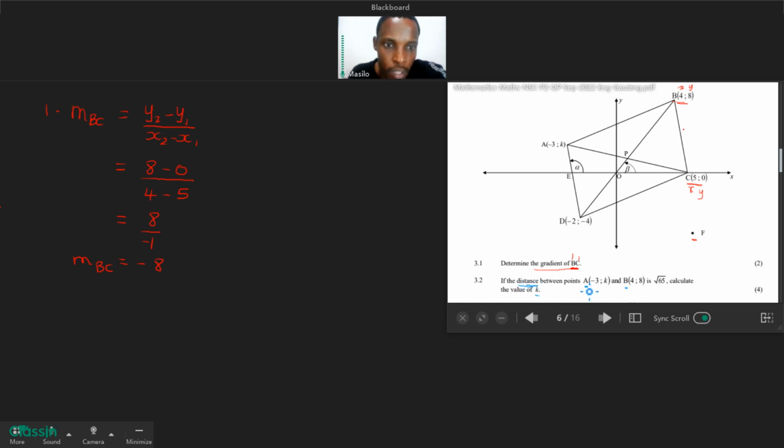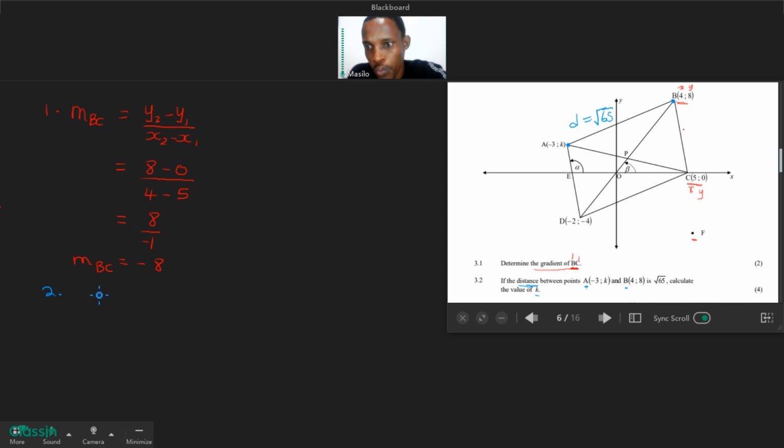Here is our line, here is our point A, and also point B. They told us that the distance between these 2 points is root of 65. It means that from here up till that point, we have root of 65. Already they told us that this is a distance, so where we see D, we are going to put root of 65.